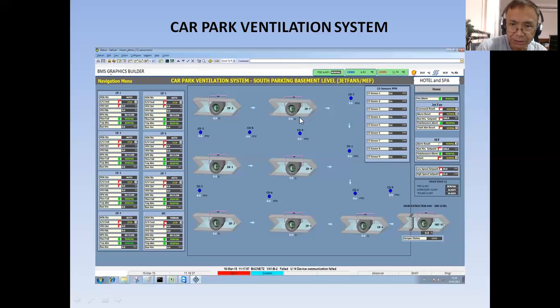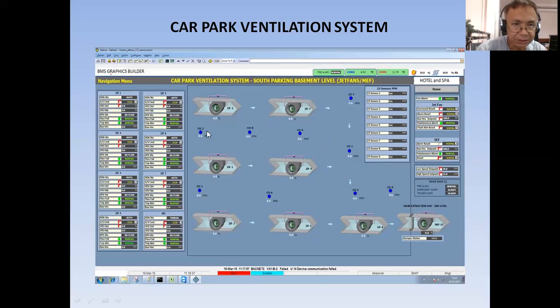When the system is working, this damper should be open, so that the gases, or the carbon monoxide emission from cars, will be vented out through these jet fans and will go to the main extraction fan.